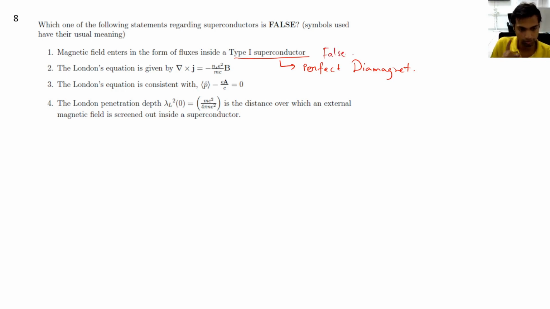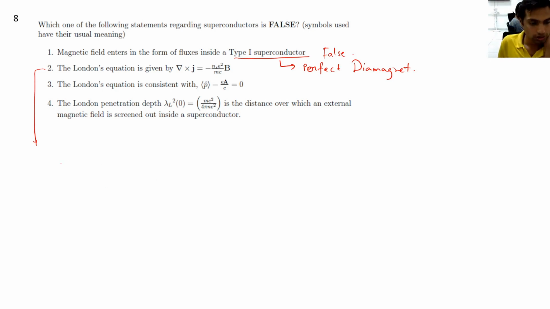So the London's equation is given by, yeah, so this is correct. This is how the London's equation is obtained. So all these three are the correct statements. We can understand it by simply going through it, just to give you some outline of how we can get this.